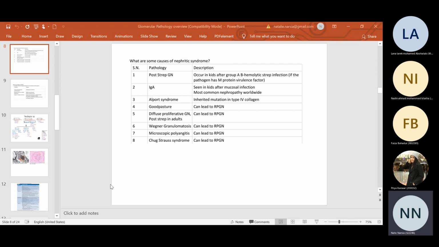Epidemiological data, how important it is in pathology, you know, right? And for doctors, it is important. So when you have a question, what is the most common nephropathy worldwide? It is immunoglobulin A. You will have a question, what is the most common nephropathy in the Caucasian population, and what is the most common nephropathy in Hispanics, for example, and African Americans.